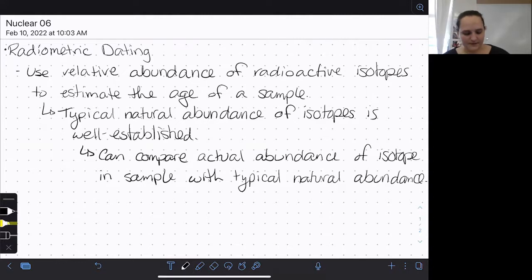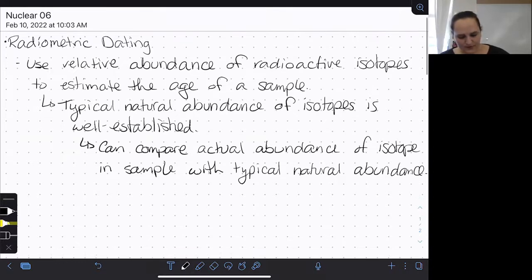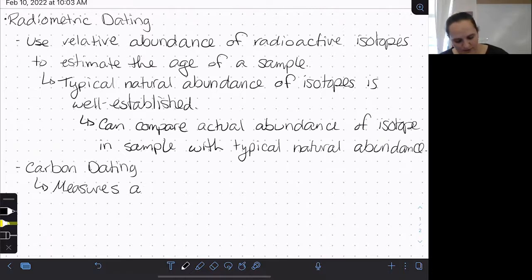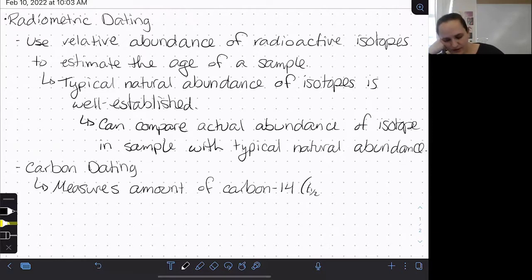Probably the most well-known type of radiometric dating is often referred to as carbon dating. This measures the amount of carbon-14 in your sample, and carbon-14 has a half-life of 5,730 years.